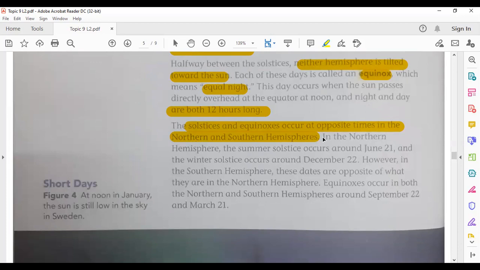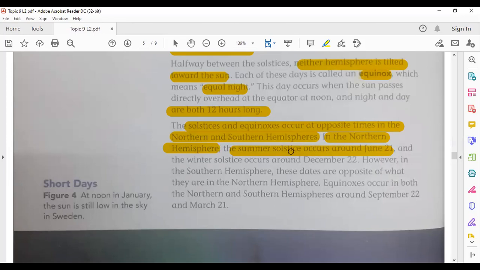For example, in the northern hemisphere, where we live, remember that Jordan lies in the northern hemisphere, the summer solstice occurs when? June 21. Did you know that on this day we have the longest day in the year and the shortest night? It is the summer solstice.